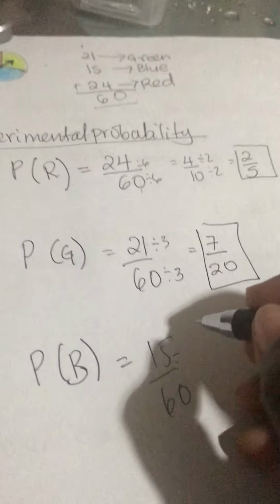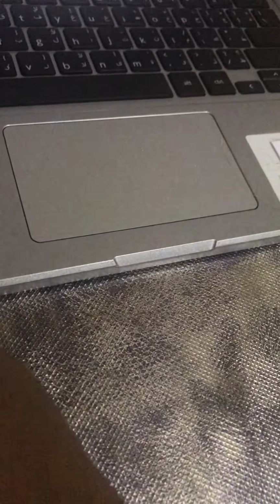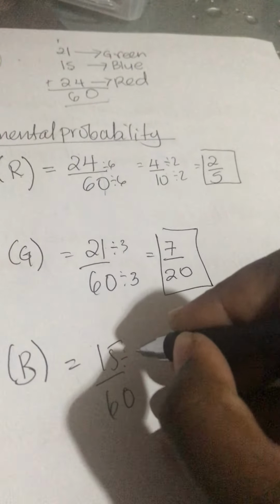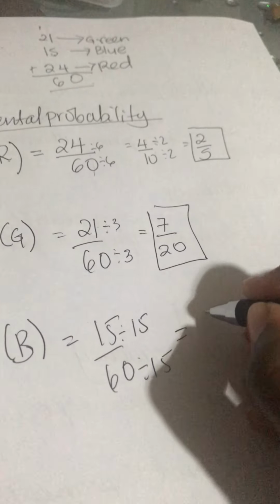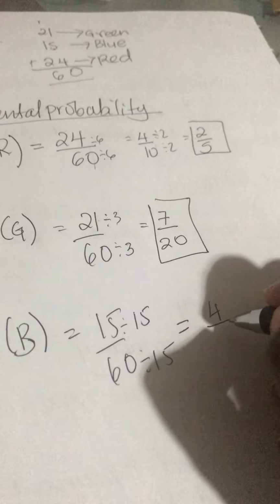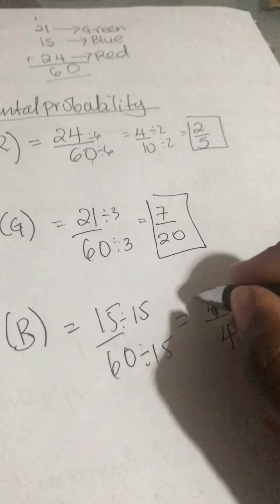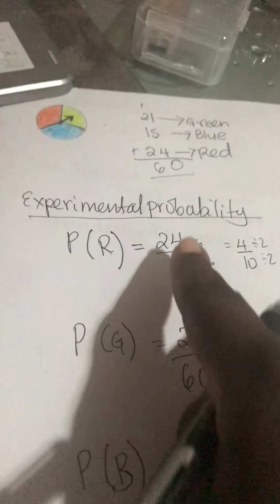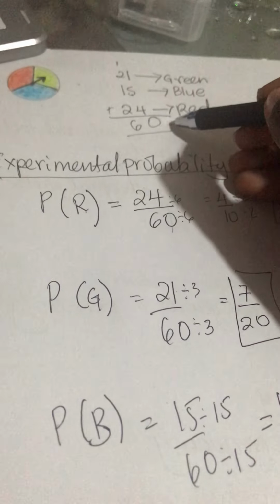So 15 times what? 60 divide 15 is 4, yes. So divide by 15, divide by 15. That gives me 1 out of 4.